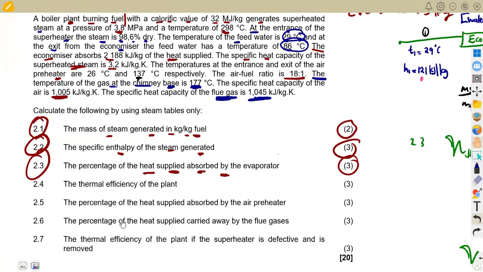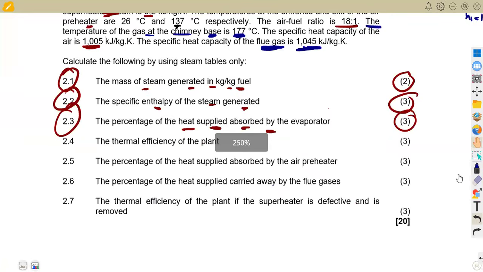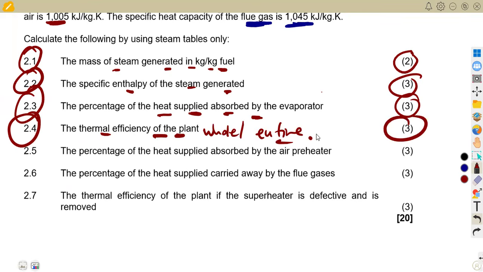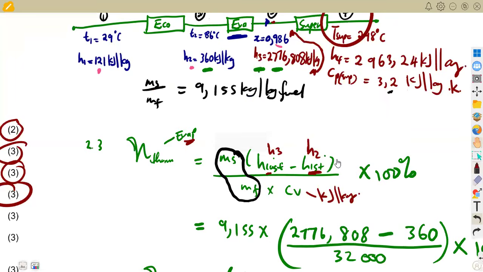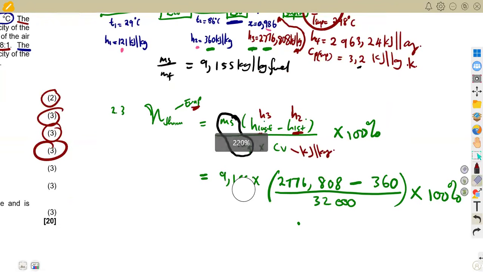Take note what they're asking on 2.4. They are asking the same question, but now it's for the whole plant. When they ask for the thermal efficiency for the entire plant, it means in this case we are going to use our formula. Remember what I said on this formula.